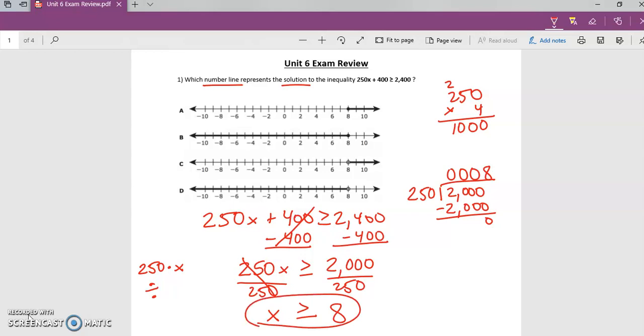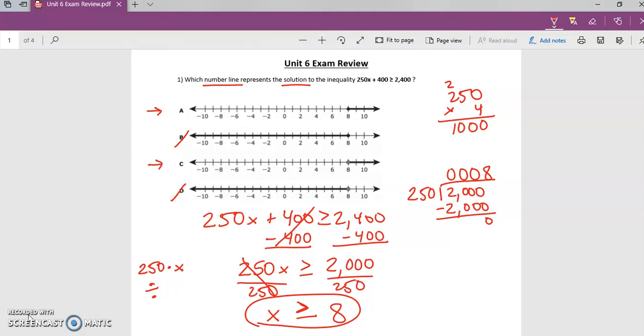So now let's say, okay, which one matches that? Again, these number lines should be pointing towards the right because this inequality arrow is pointing towards the right. It's greater than. So that means that D is out, letter B is out. I'm only between A and C. Letter A has a closed, or filled in, circle.